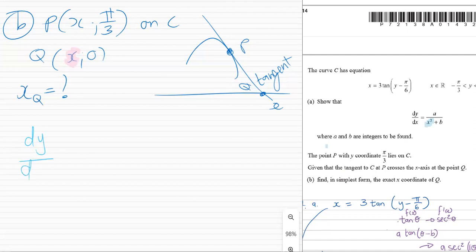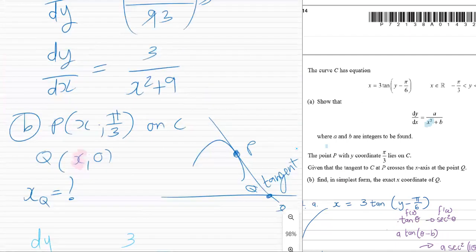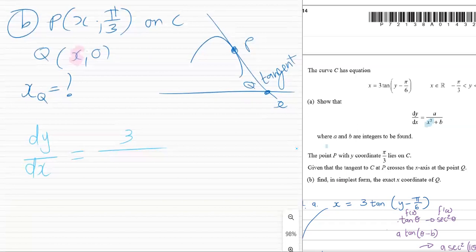I know that the first derivative was 3 over x squared plus 9. And I know that point P lies on both the curve and this new tangent.